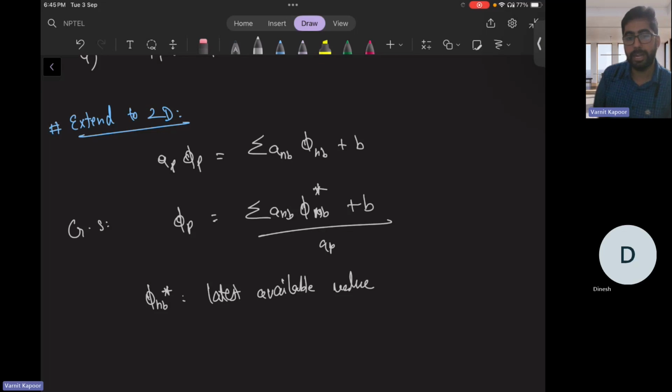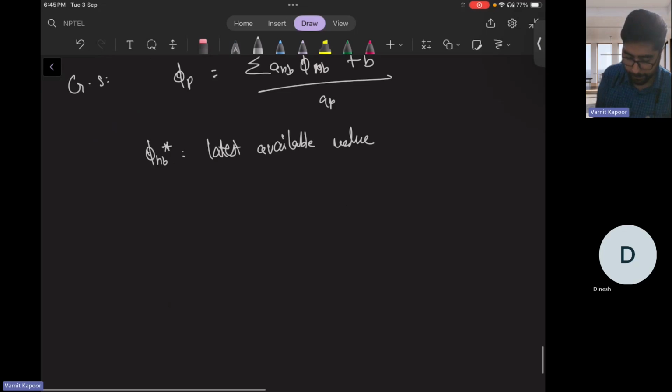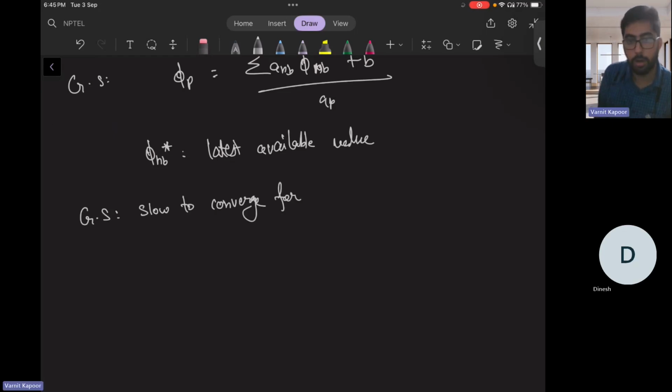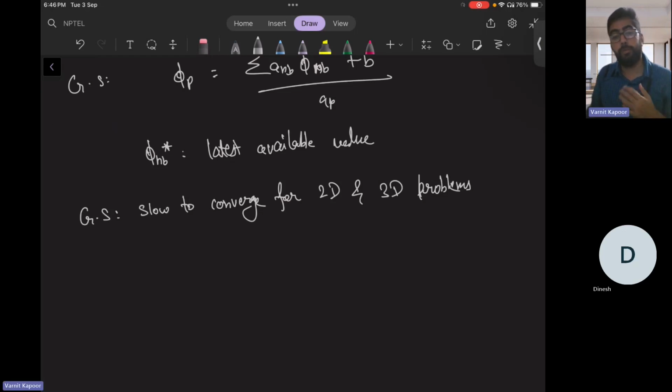So Gauss Seidel is slow to converge for 2D and 3D problems. So what we can do, we can use the combination of TDMA and Gauss Seidel to solve higher dimensional problems.